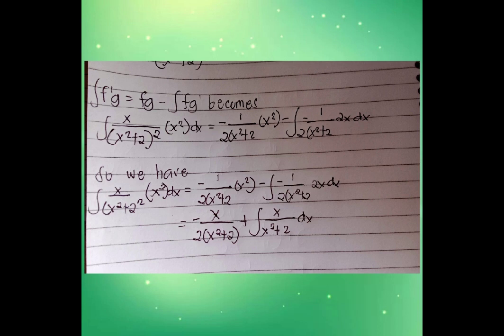Times x squared dx is equal to negative 1 over 2 times the quantity x squared plus 2, times x squared, minus the integral of negative 1 over 2 times the quantity x squared plus 2, times 2x dx.